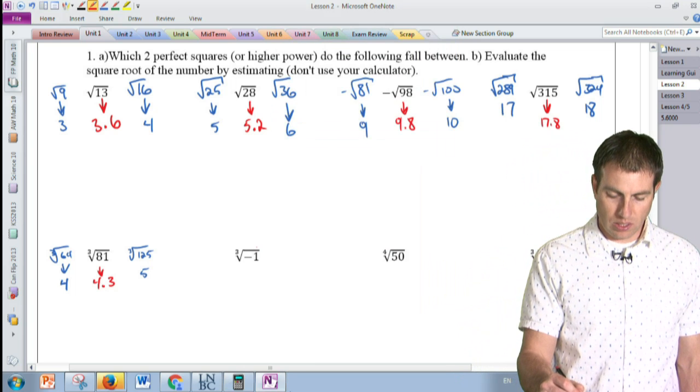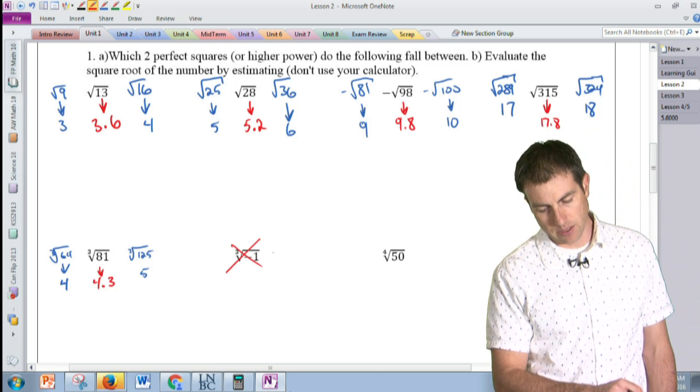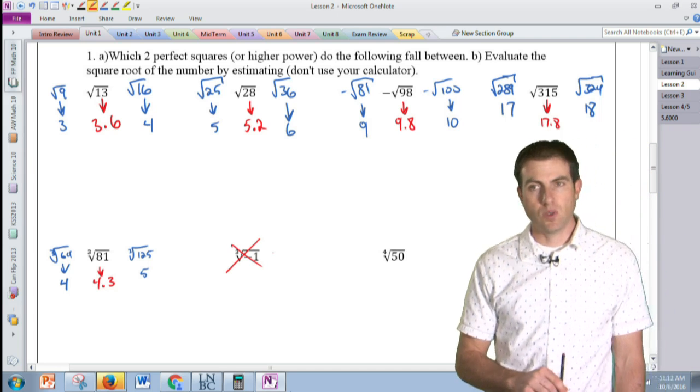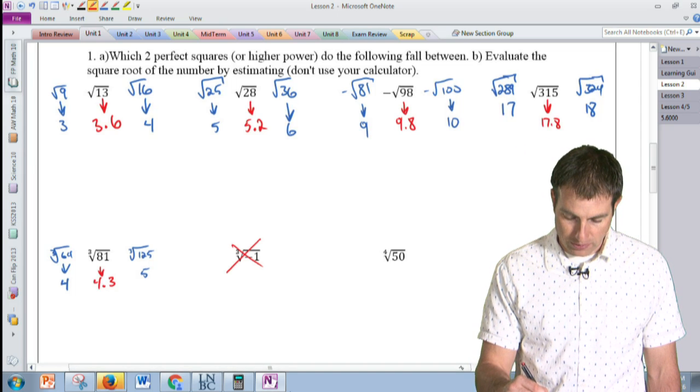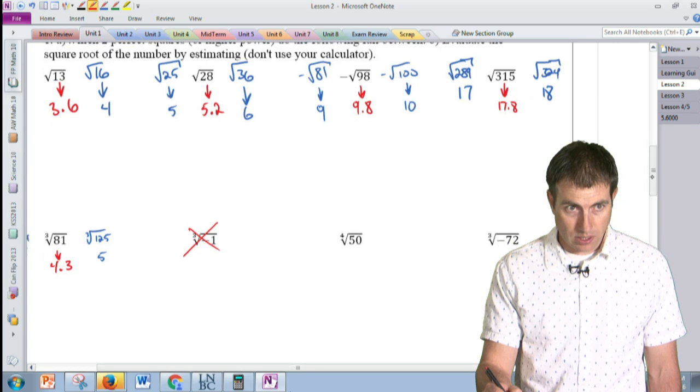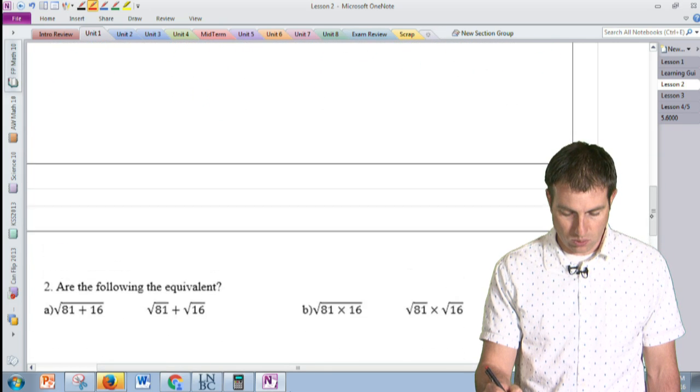We're going to leave the cube root of -1 for now, so that we don't get into some troubles there. But let's do the fourth root of 50 and the third root of -72. I'll give you guys a second to do those.